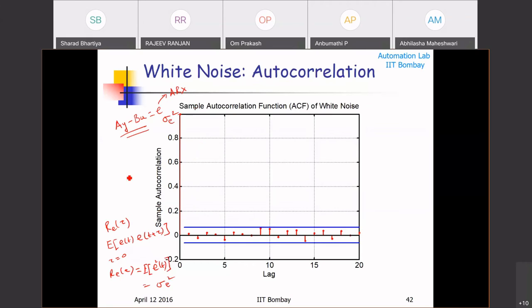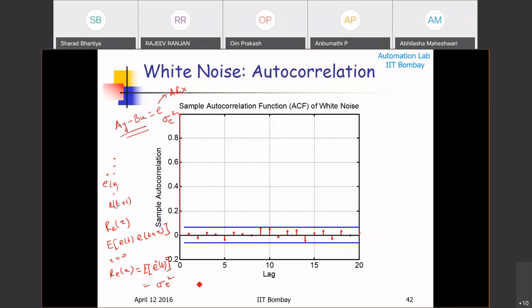But because it was completely uncorrelated, I kept on telling you, when I'm here, I don't know where e of t plus 1 is going to go. It would be anywhere. So we say that e of t plus 1 is not correlated with e of t. Knowing e of t, I have no clue what e of t plus 1 is.